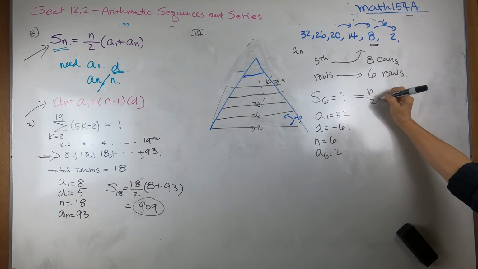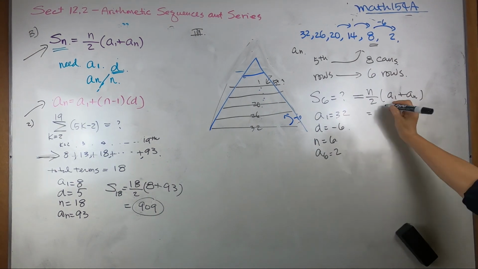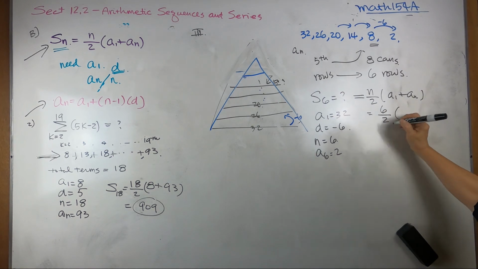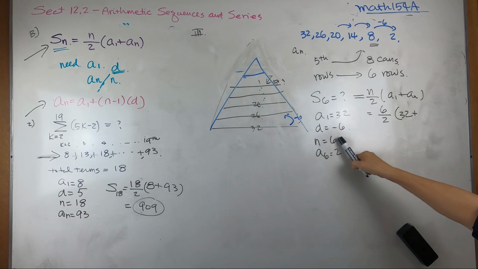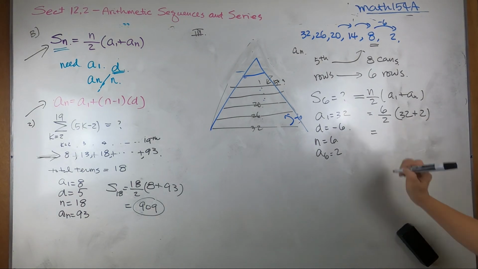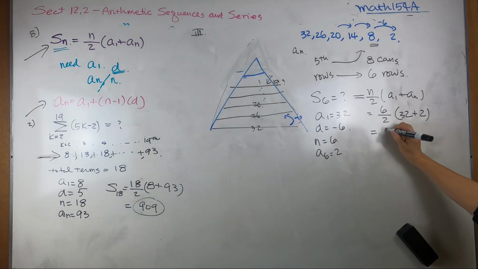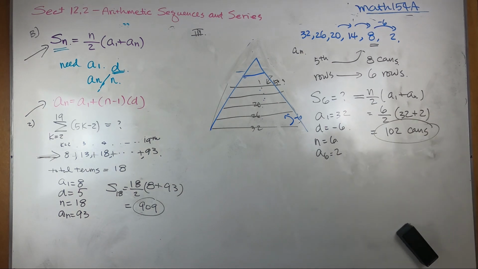N divided by 2, A1 plus AN, right? N is 6, so 6 over 2. A1 is 32 plus AN, which is A6, right? It's 2. So we do that. Then we figure out the total you need is 102 cans.